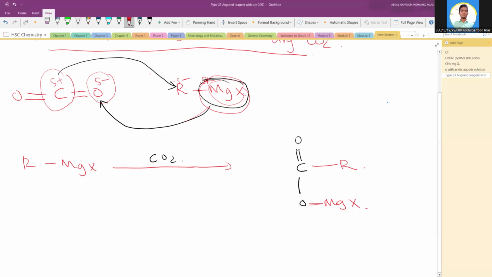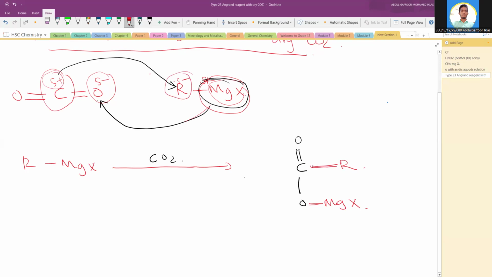Because if it wants to encounter this delta minus, the delocalization of the pi bond should occur, so the pi bond is no longer available between carbon and oxygen. So oxygen will attract this MgX, and then, due to the positive charge on the carbon atom, this R group will come and join.